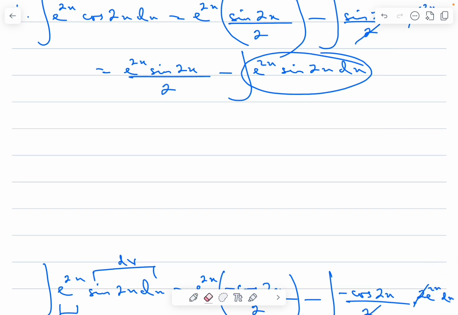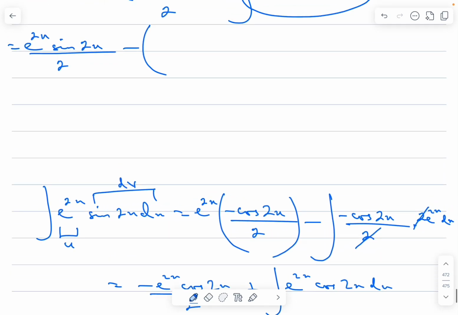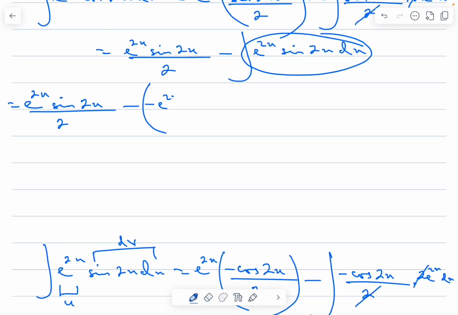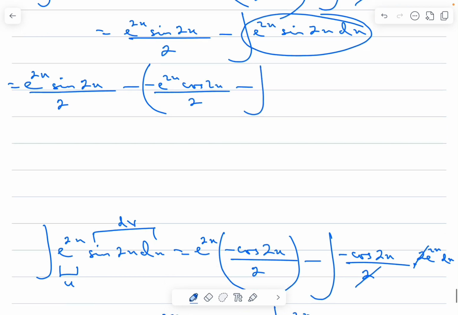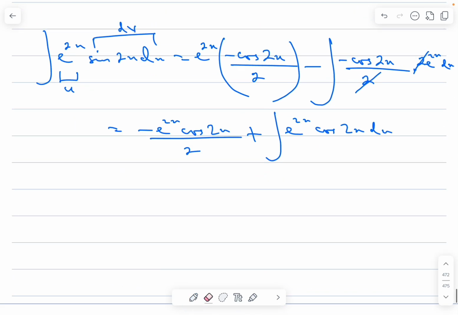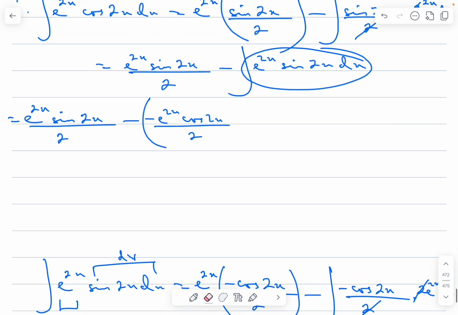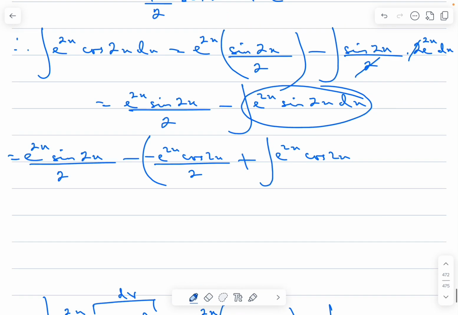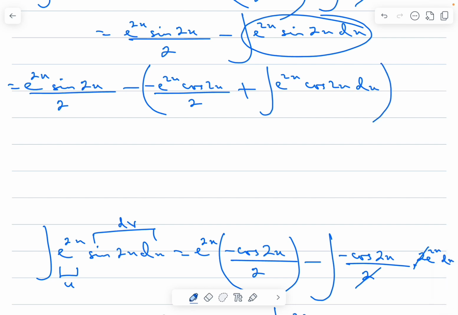So that simply means e raised to the power 2x sine 2x over 2 minus, open bracket, minus e raised to the power 2x cos 2x over 2 plus the integral of e raised to the power 2x cos 2x dx.